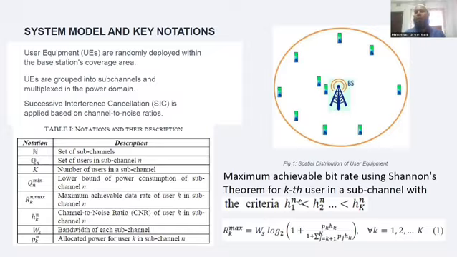That means it has something to do with the distance. The closer the distance is, the higher the channel to noise ratio is. If this criterion is fulfilled, then we can easily find the maximal achievable bit rate for each user.